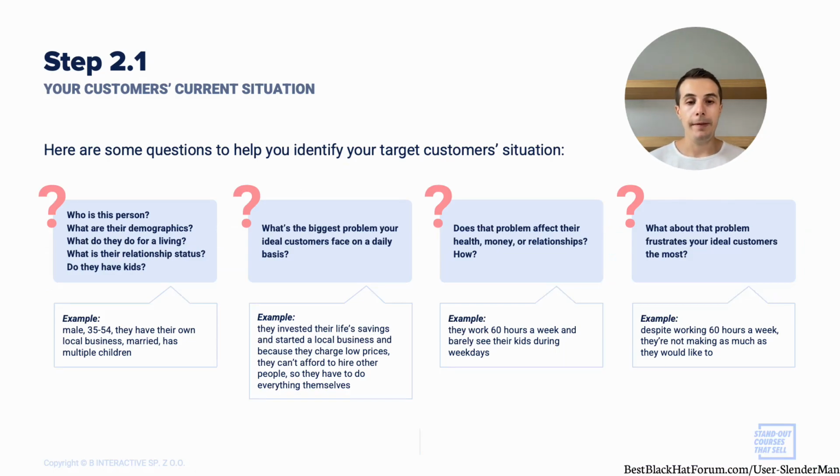So as an example, let's say that the person or target audience is male, 35 to 54, and they're running their own local business. They're married and they have multiple children. And the problem they face is that they invested their life savings and started a local business. And because they charge low prices, they can't really afford to hire other people and they have to do everything themselves, which basically makes them work 60 hours per week, and they barely see their kids during weekdays.